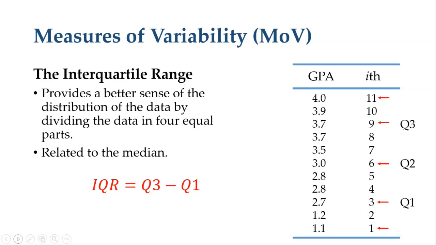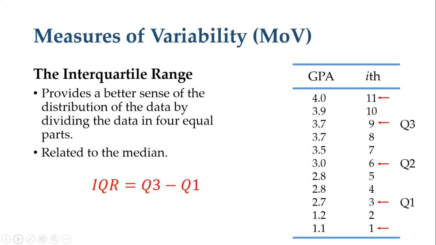The interquartile range is strongly related to the idea of the median, because you also need to organize the data set from the lowest to the highest value. What you do is divide the data set into 4 equal parts.